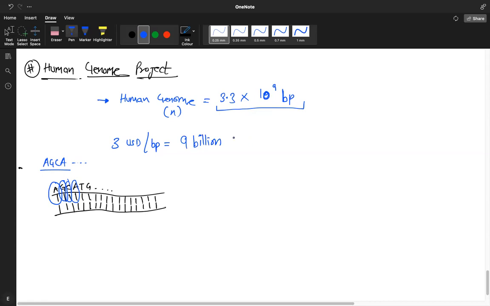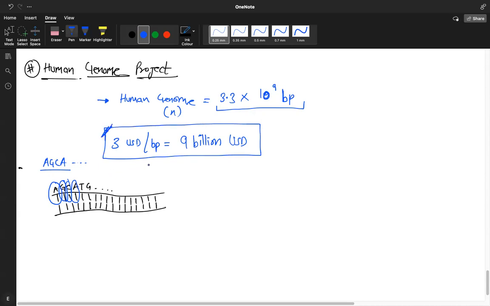The project kick started in 1990, which is like how much? 32 years ago. So even today, this is a lot of money. So 32 years ago, 9 billion US dollars was the total funding required for this project.